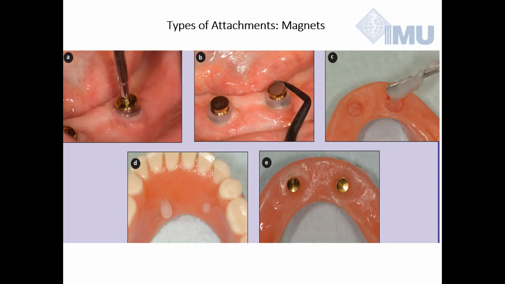Many times very old patients may not be able to handle stud attachments or bar attachments, which are sometimes very difficult to handle. So magnet attachments work well for them.